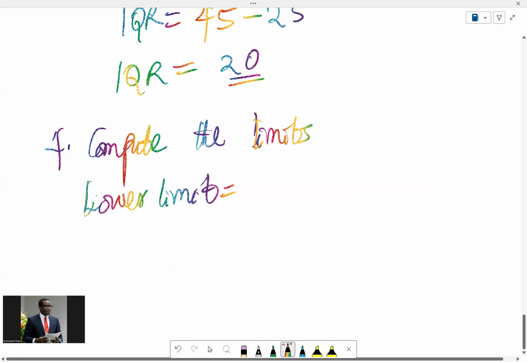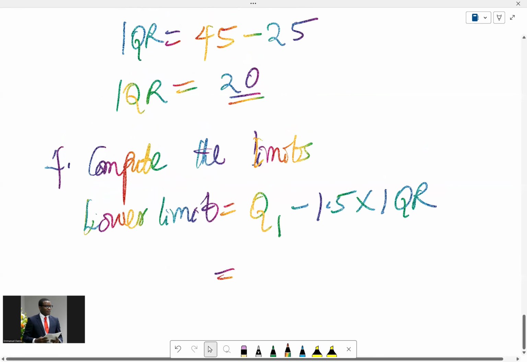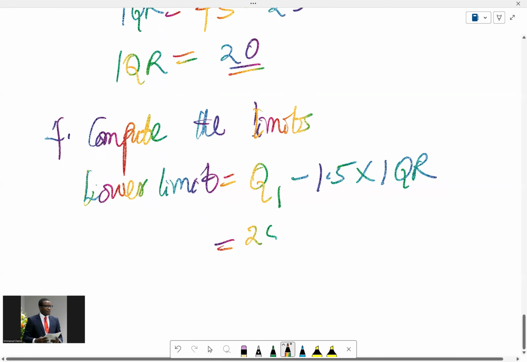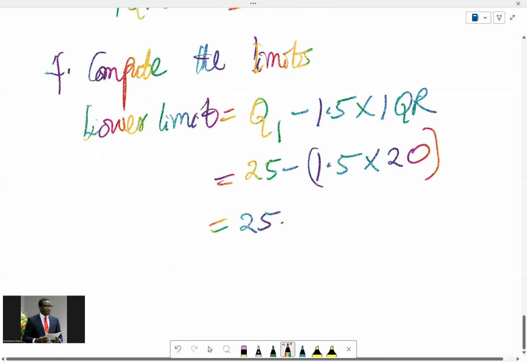The lower limit is Q1 minus 1.5 times IQR. Q1 is 25, so that's 25 minus 1.5 times 20. 1.5 times 20 is 30. So 25 minus 30 is -5. Okay, so that is -5.